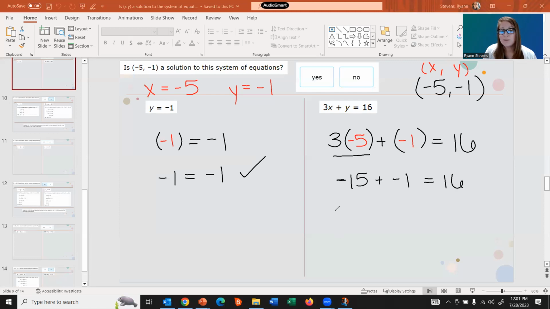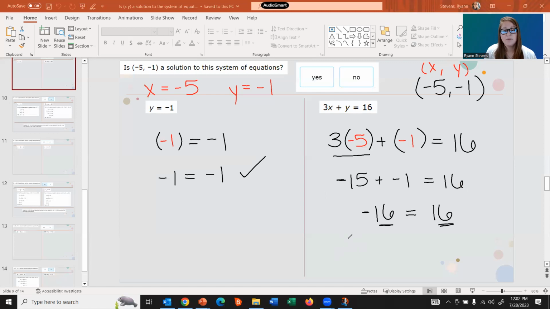Now, with the rules for adding, if the signs are the same with integers, so we've got either 2 positives or 2 negatives, we would just add those numbers and keep the sign the same. In this case, these are both negative numbers. So -15 plus -1: 15 plus 1 is 16, and then we keep the sign that goes with that. -16 is equal to 16. Now, even though we have the same number, 16 and 16, one of them is negative and one of them is positive.